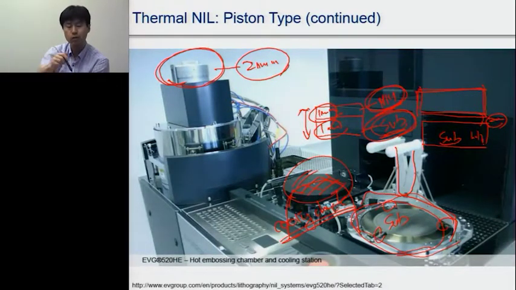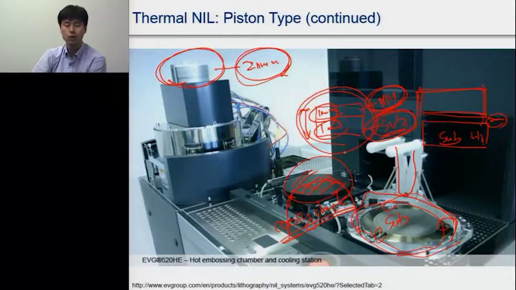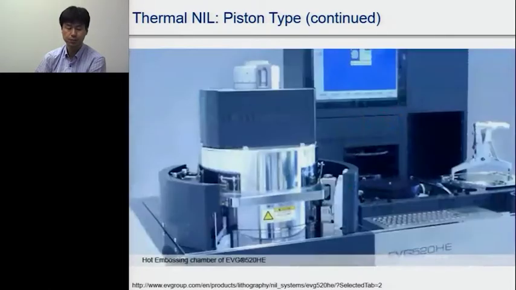Without this calibration, since the machine does not know the thickness variation, the master mold and substrate are more likely to be crushed by the pressure application.